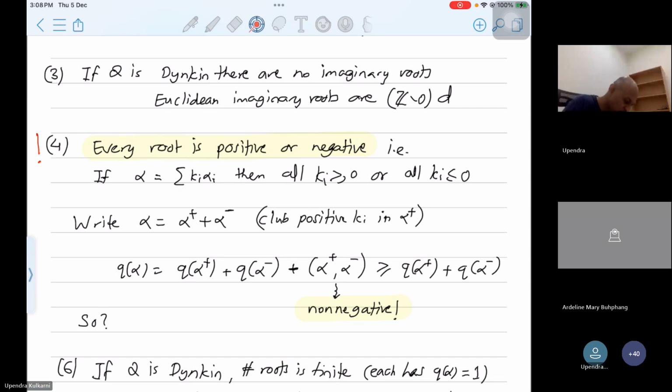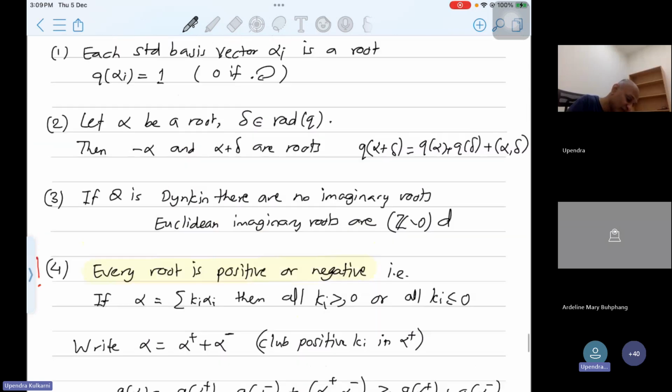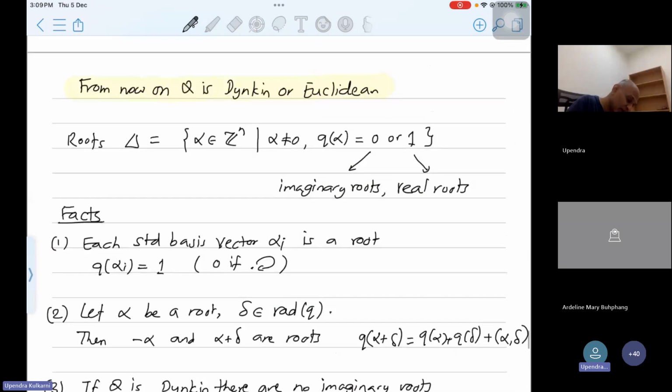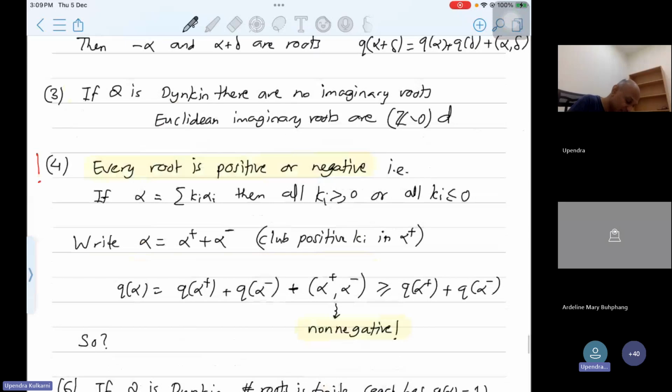Okay. What I want to say is that every root is positive or negative. Well, what do I know about Q of alpha? It's a root, so in any case this is equal to 0 or 1. Let's examine the cases. If Q of alpha is equal to 0, then that means that this sum is 0.